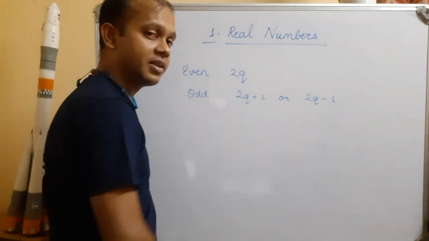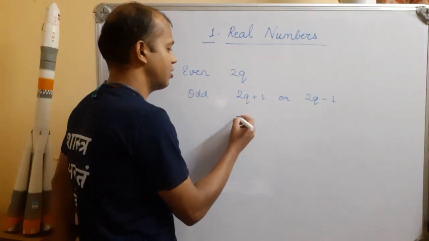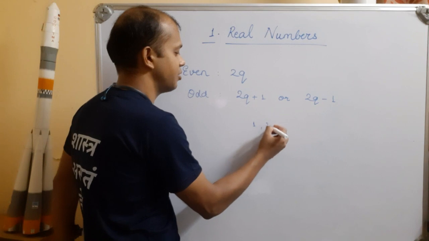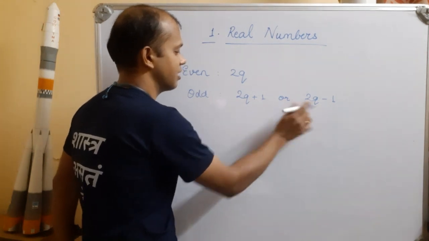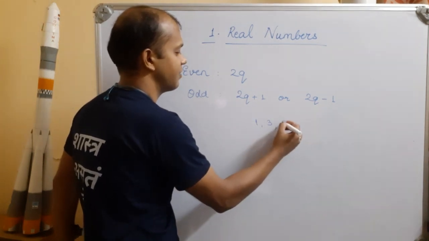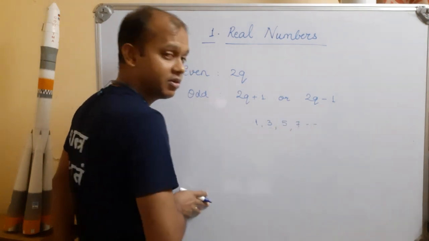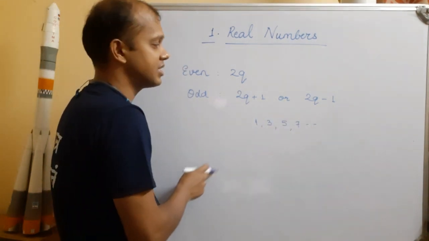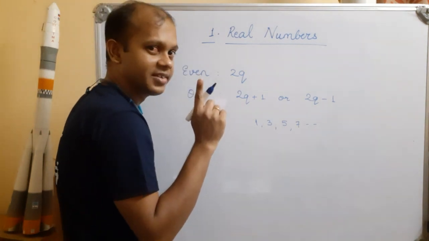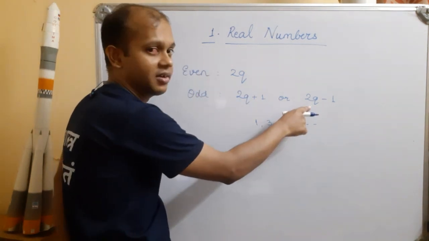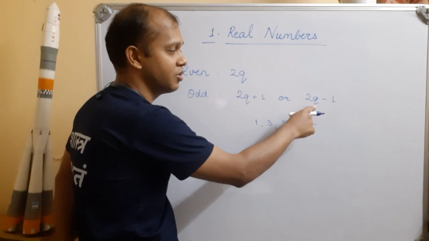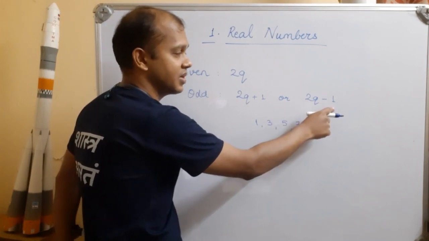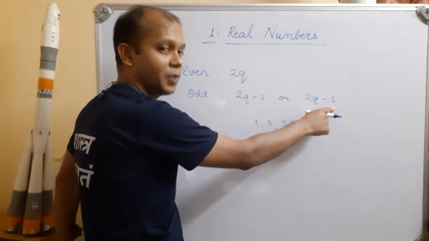Now which to use when? Suppose I want the odd numbers 1, 3, 5, 7 and so on to be generated by these expressions. If I start q from 1, then I'll have to use 2q minus 1. How come? 2 ones are 2 and 2 minus 1 is 1.